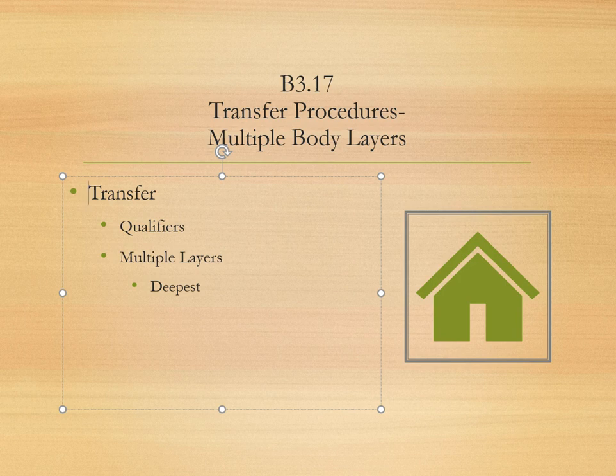When you have procedures involving the transfer of multiple tissue layers, including skin, subcutaneous tissue, fascia, muscle, the procedure is coded to the body part value that describes the deepest layer in the flap. And then the qualifier can be used to describe the other tissue layers in the transfer flap.